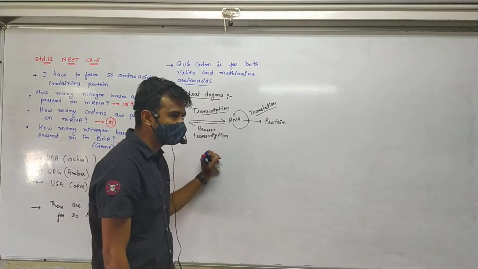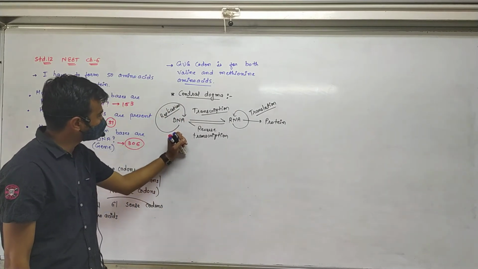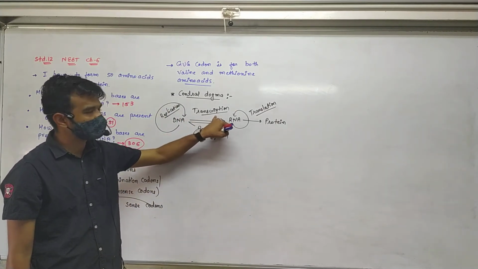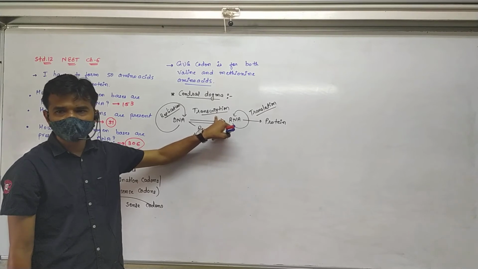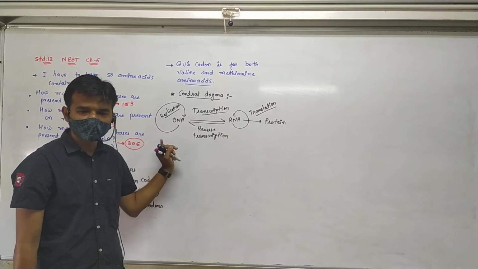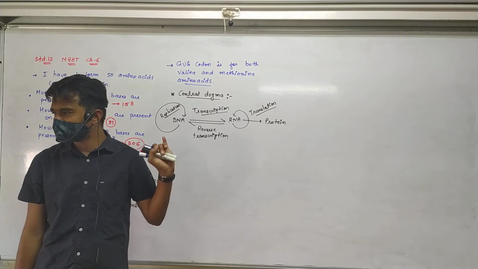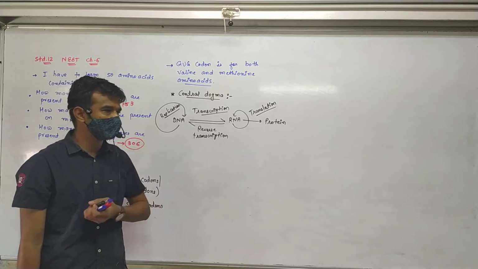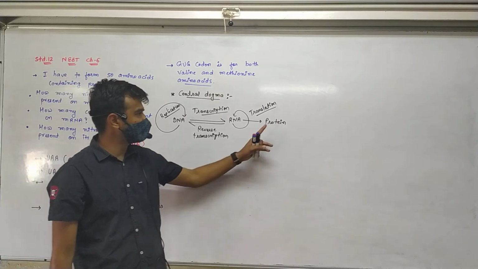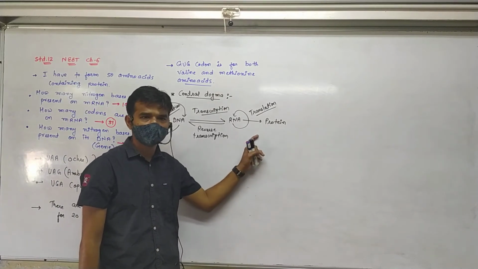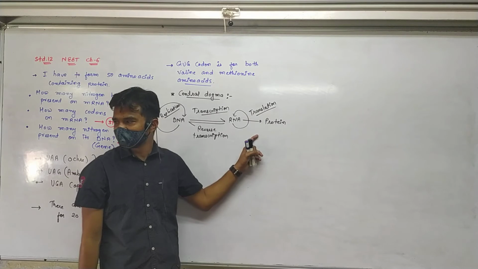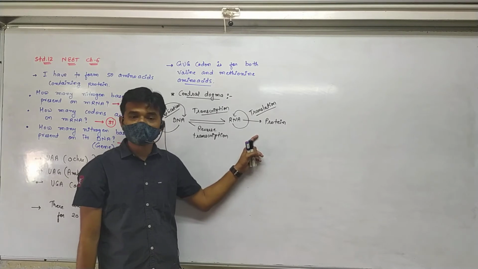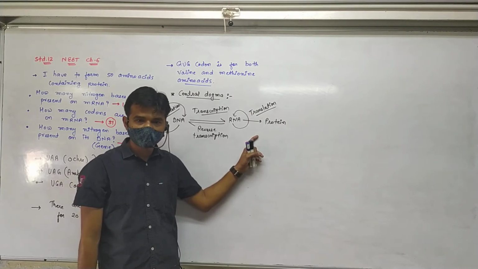But in the majority, DNA is converted into RNA, that is known as the transcription process. But RNA is converted back into DNA, that is reverse transcription, this will occur. But please remember that protein can never go back, no reverse translation occurs.